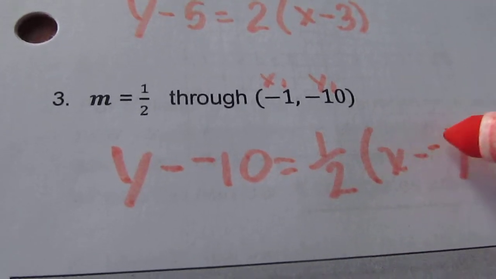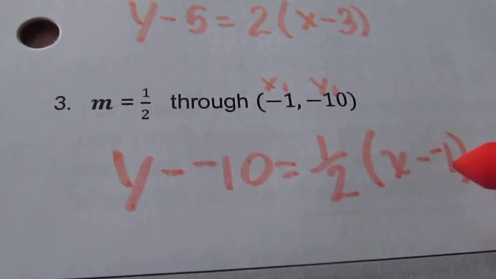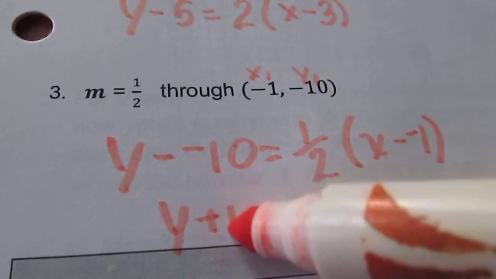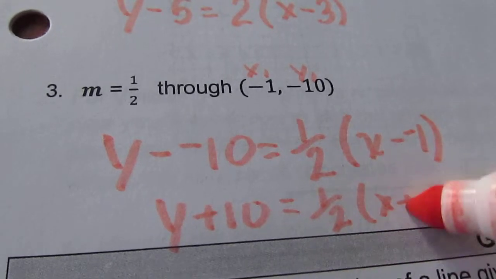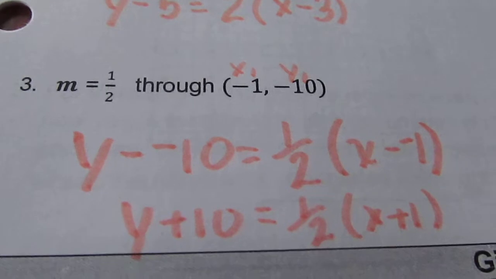Don't have to worry about it because you can just leave it, the slope, as is. Okay, notice I got a bunch of double negatives here. I'm going to go ahead and make those positive. That's 1/2 x plus 1.